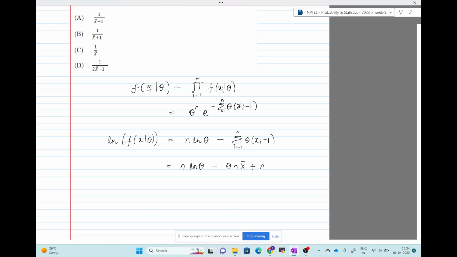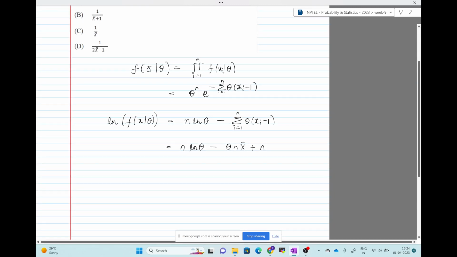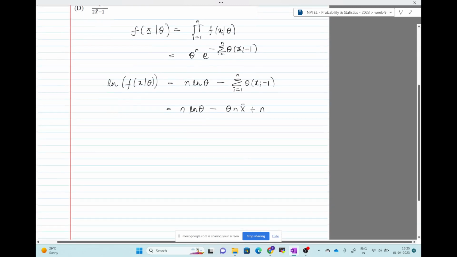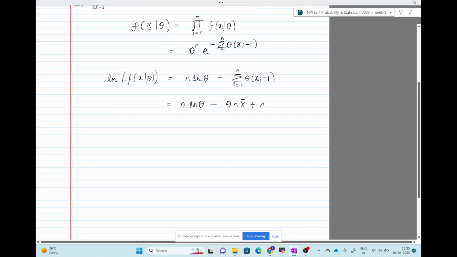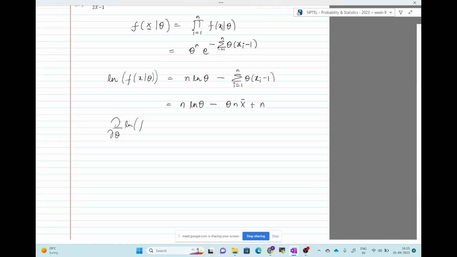Now we can take the derivative of this and equate it to 0.